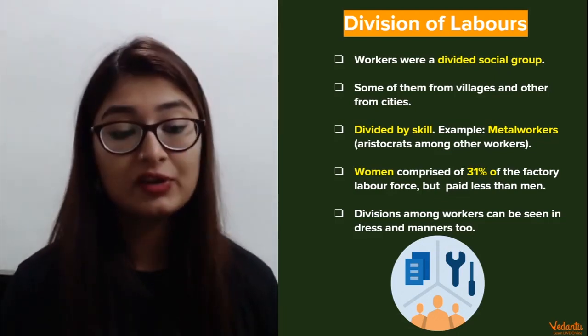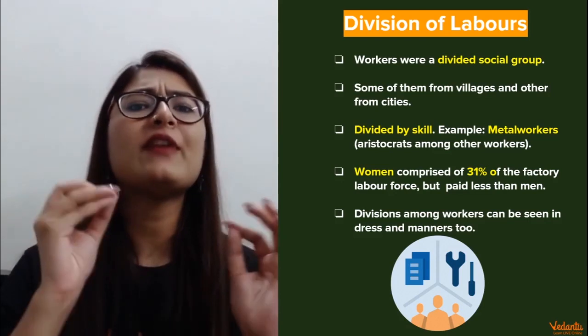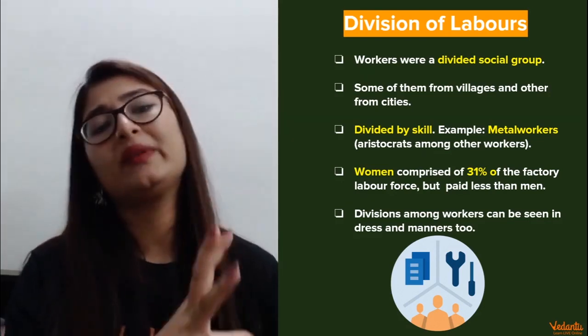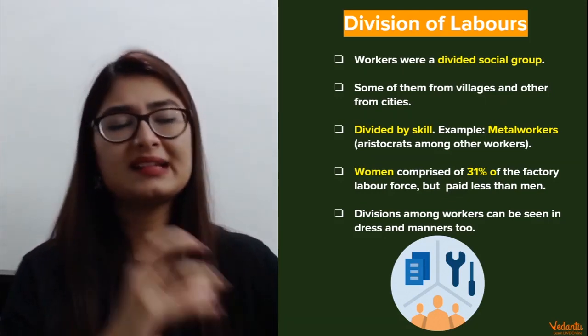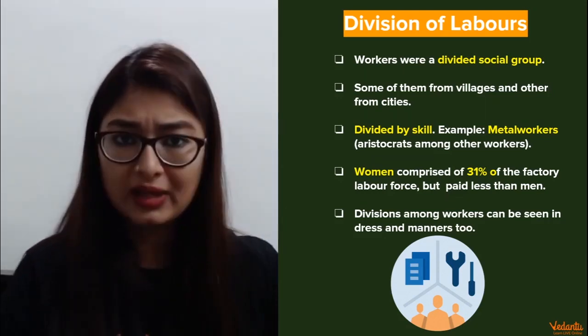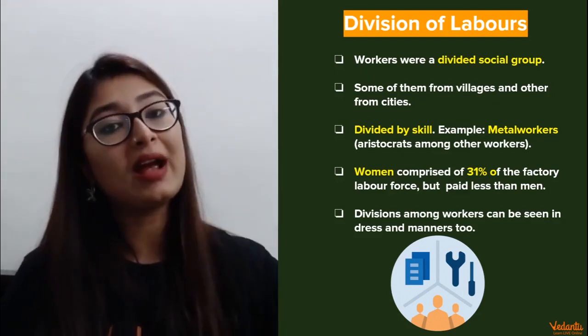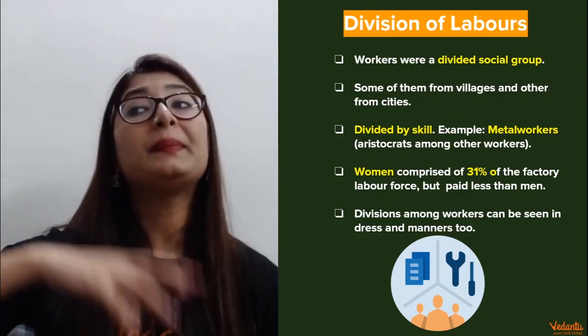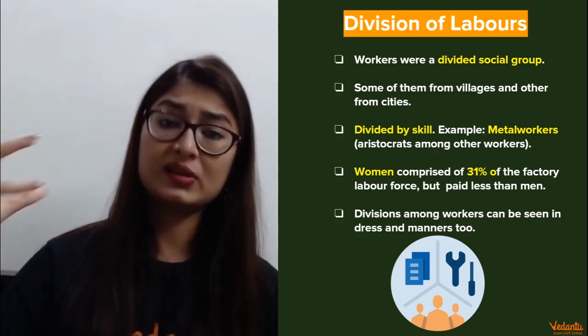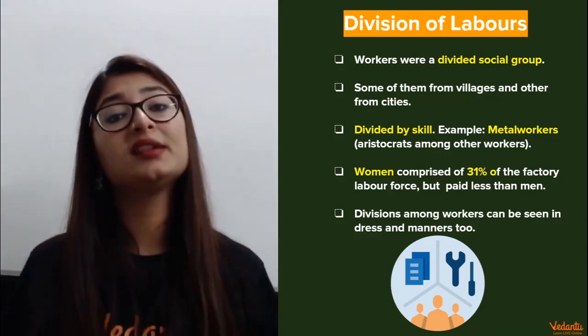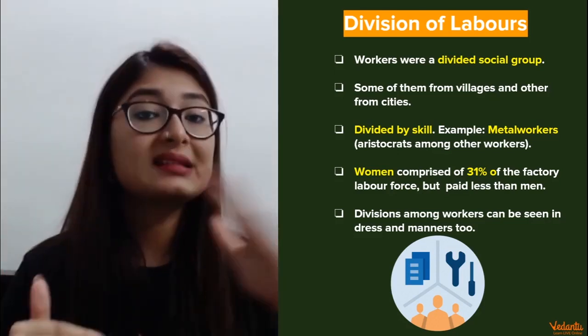Okay, now this division among the workers was very, very evident. They were divided because metal workers would stay only with metal workers. They would form their own organization, small clubs kind of things. Also, they used to dress up in a certain way. People working in the metal factories dressed up in a certain way, and people associated with cotton textiles would dress up in a certain way. So these divisions were not only on the level of their skills and knowledge.